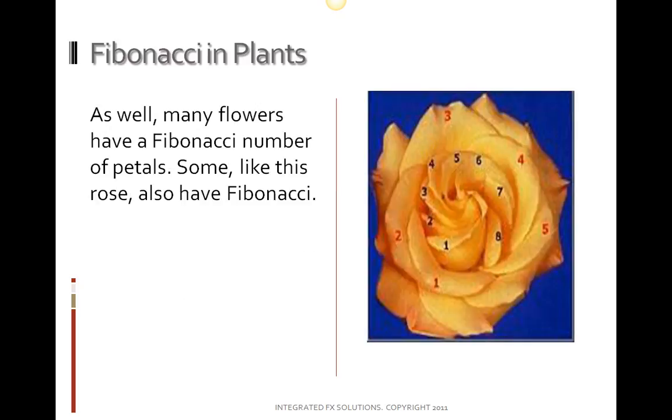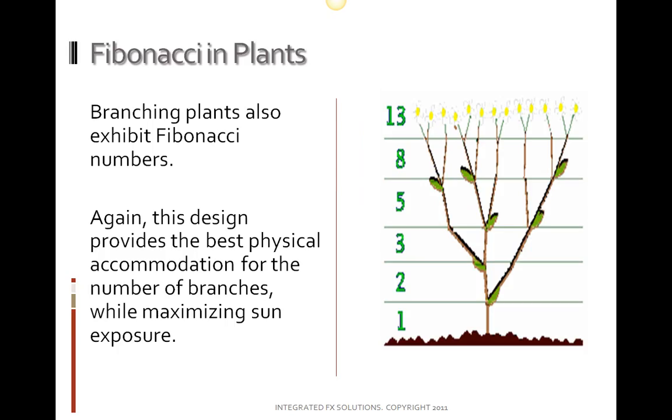As well as in the rose, the petal arrangement of the rose, the outer layer has 5 petals and the inside has 8. That is amazing. These are arranged in Fibonacci's order.